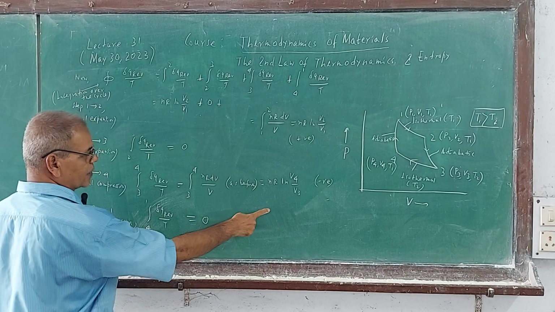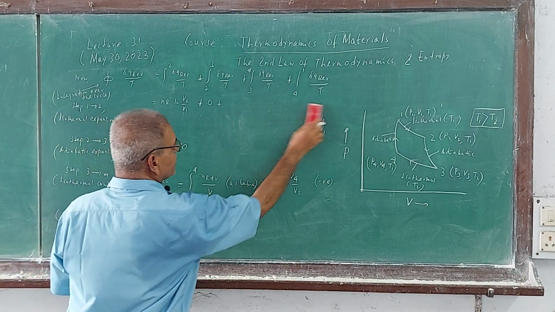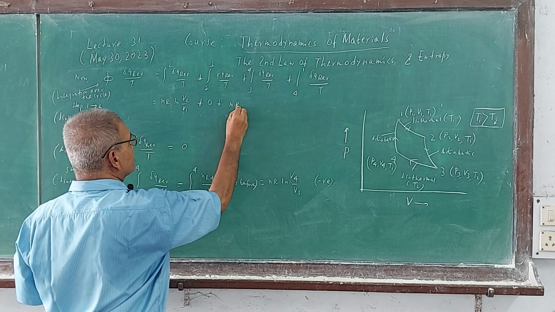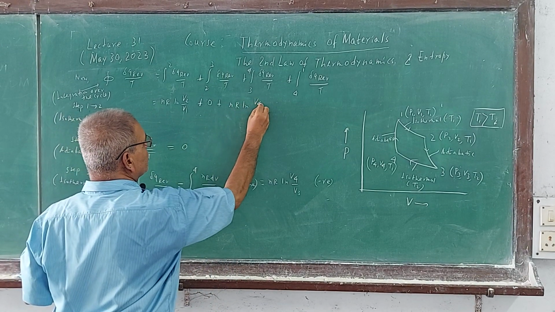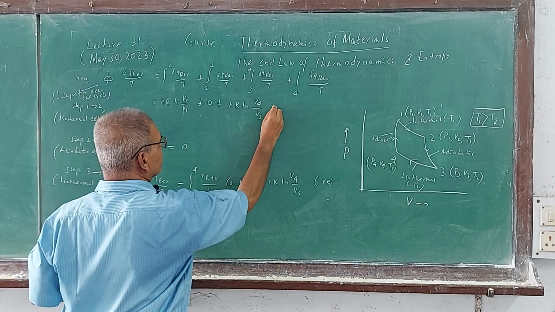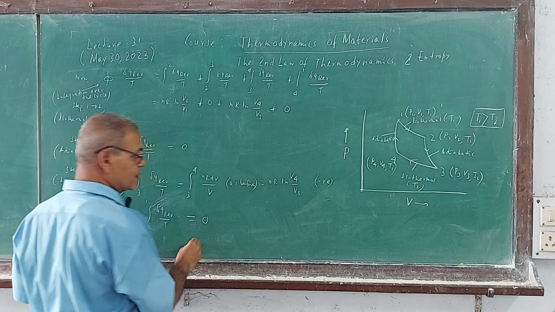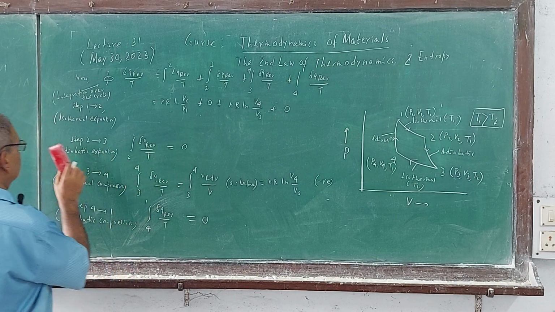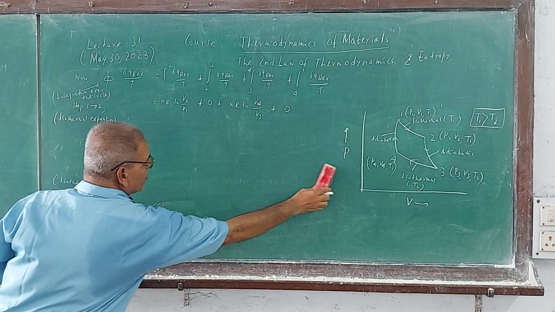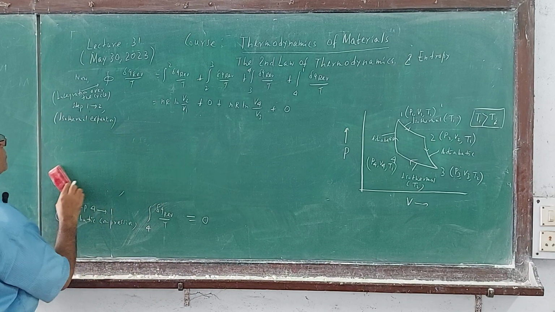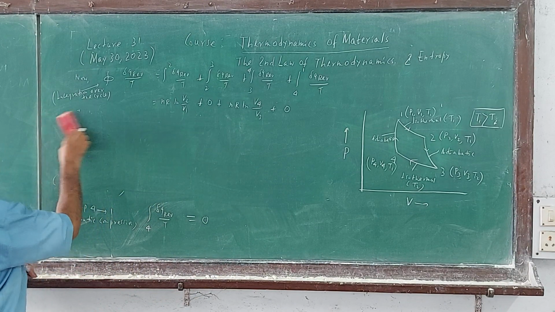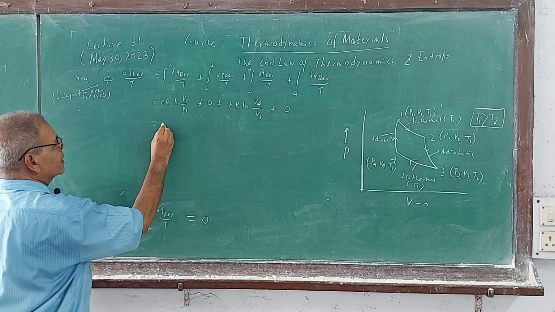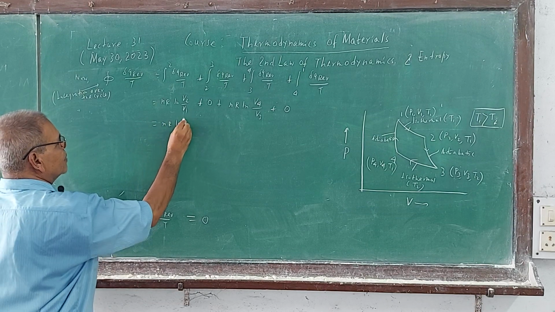Third one is nR ln V4 by V3, plus again the last one is 0. So you have these results. I remove all these things now. Zero. So what is it? Write another line in case you want to.